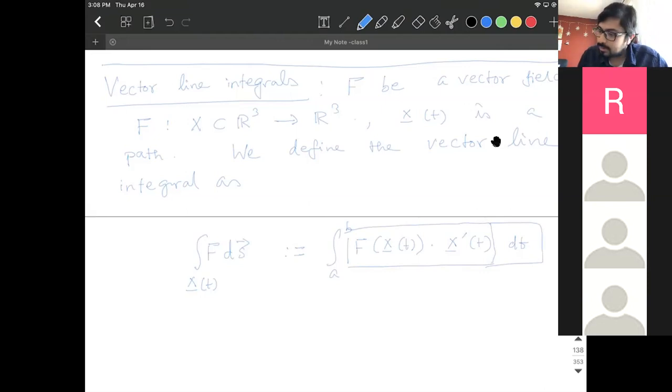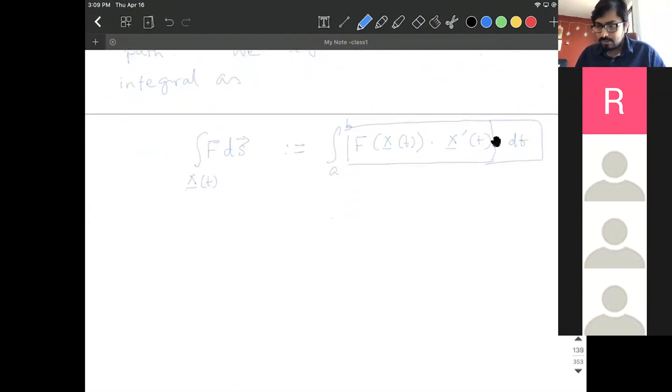Exactly. So this is the infinitesimal work. And if we integrate from A to B, we get the total work done. So for vector line integrals, the analogy is very precise. The vector line integral computes the work done by the vector field in moving a particle from A to B. That's the physical interpretation.